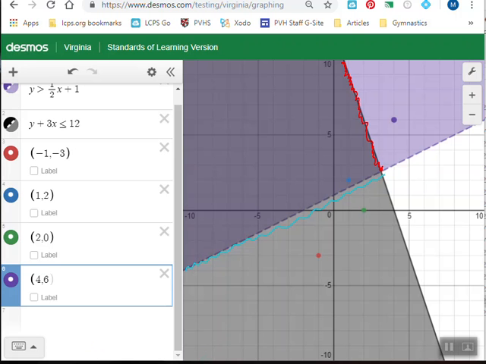Dashed lines are never a part of the solution set. Lastly, this point where the two lines intersect is only a solution if both lines are solid. So, when you have a question about a system of inequalities, use Desmos.